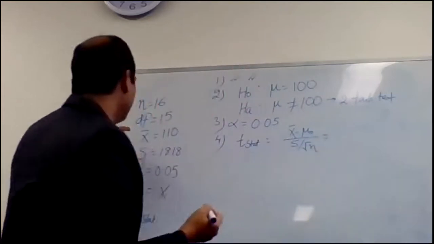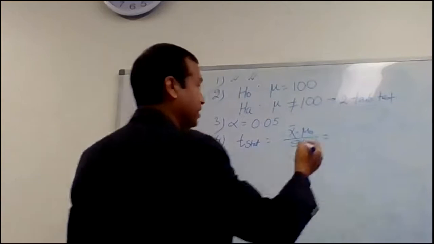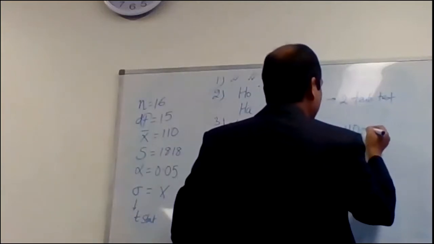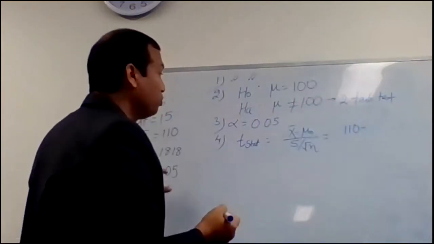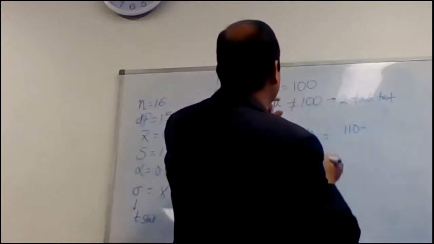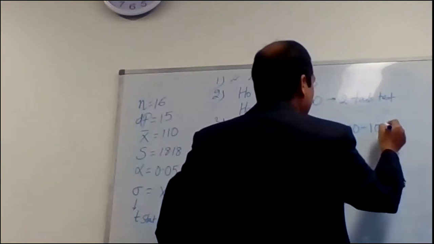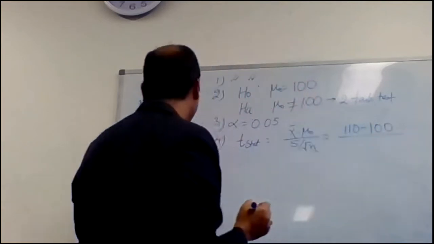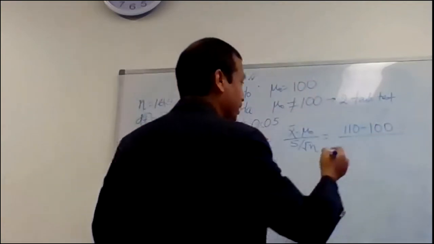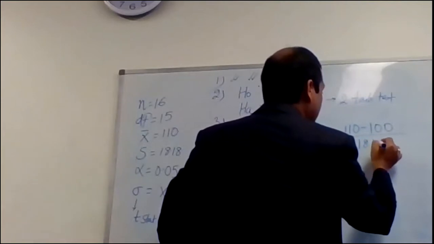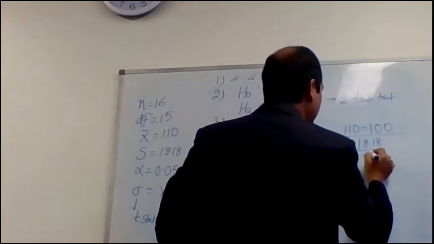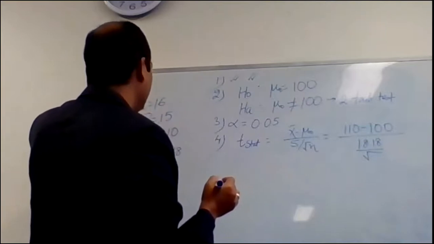What is the X bar value? The sample mean is given as 110, minus mu naught, which in this case is 100. The standard deviation is given as 18.18, divided by the square root of the n value. n is 16.